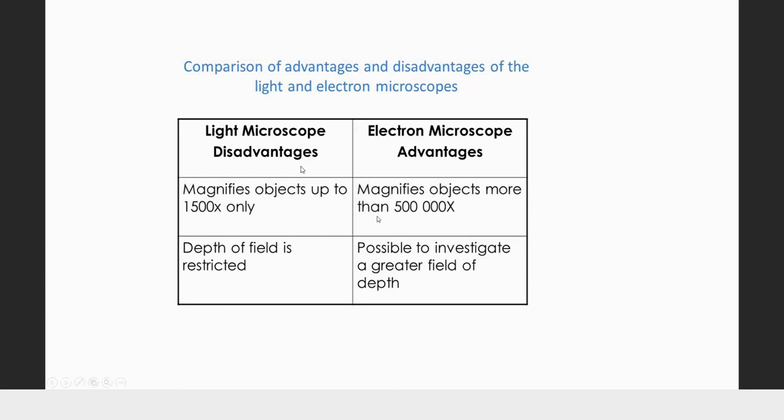This can be countered by using an EM, where you can magnify your view to 500,000 times, and of course you can investigate greater depth into what is happening in the infected cells.